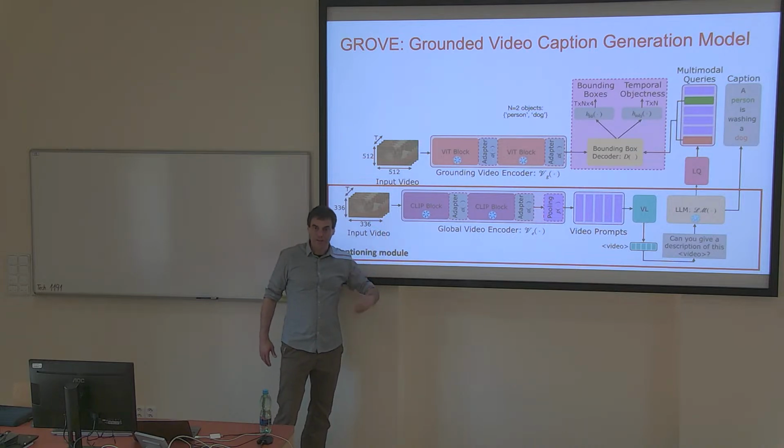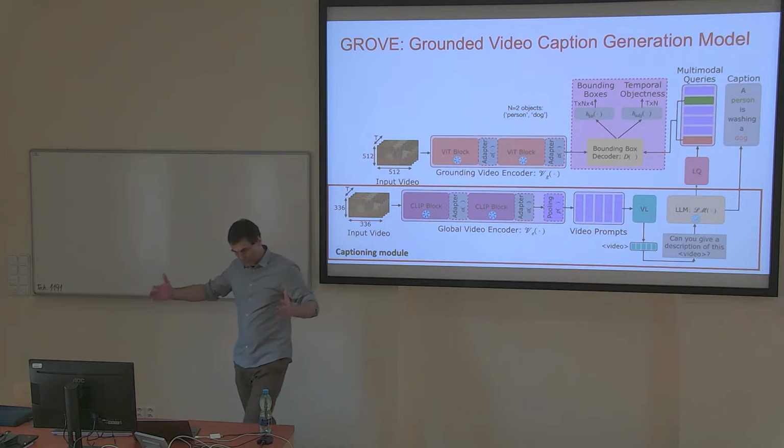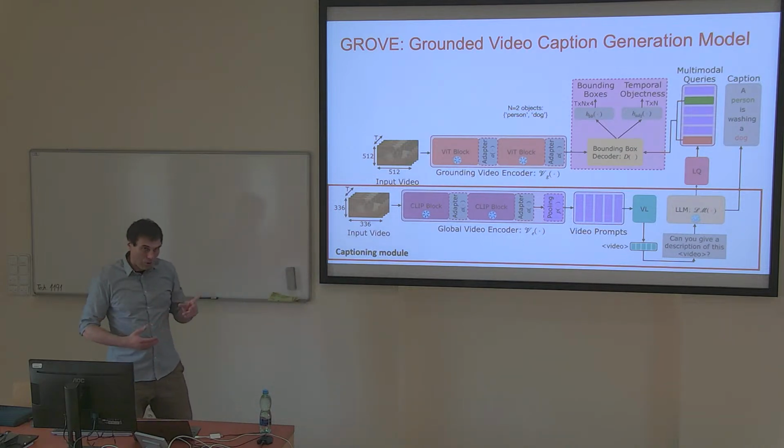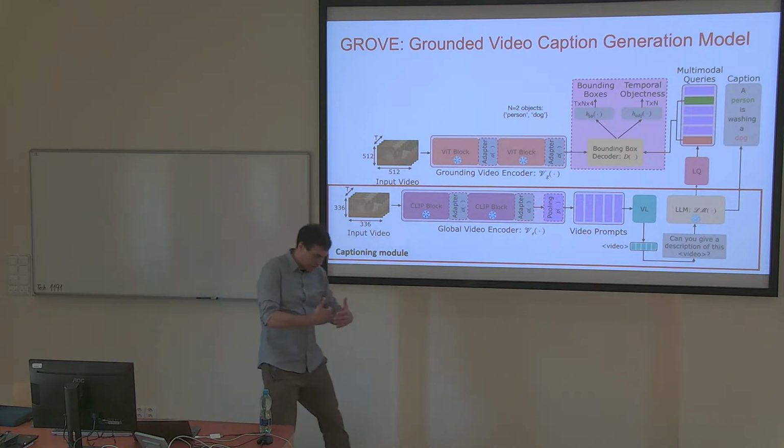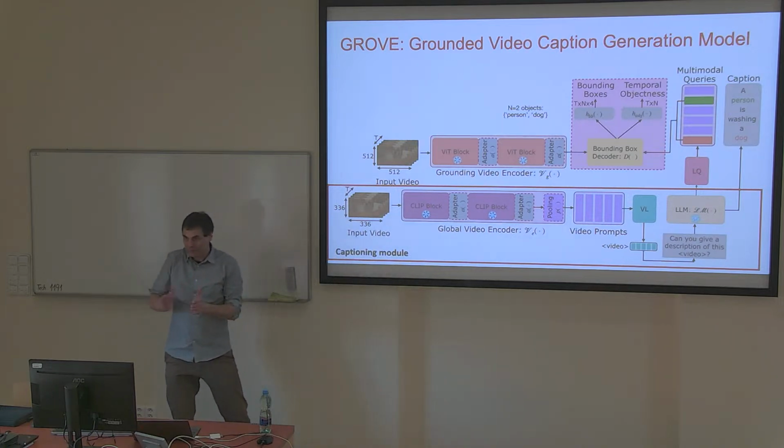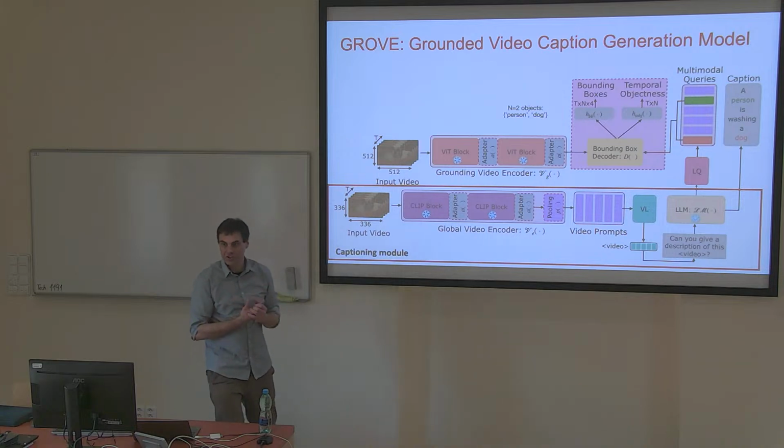So we sample a frame maybe every half a second or something like this, because fitting more in the memory of the GPU is difficult. Or I think you can also do it in chunks. So it's not every frame at 24 frames per second. It's sort of on the limit of what current GPUs can do.